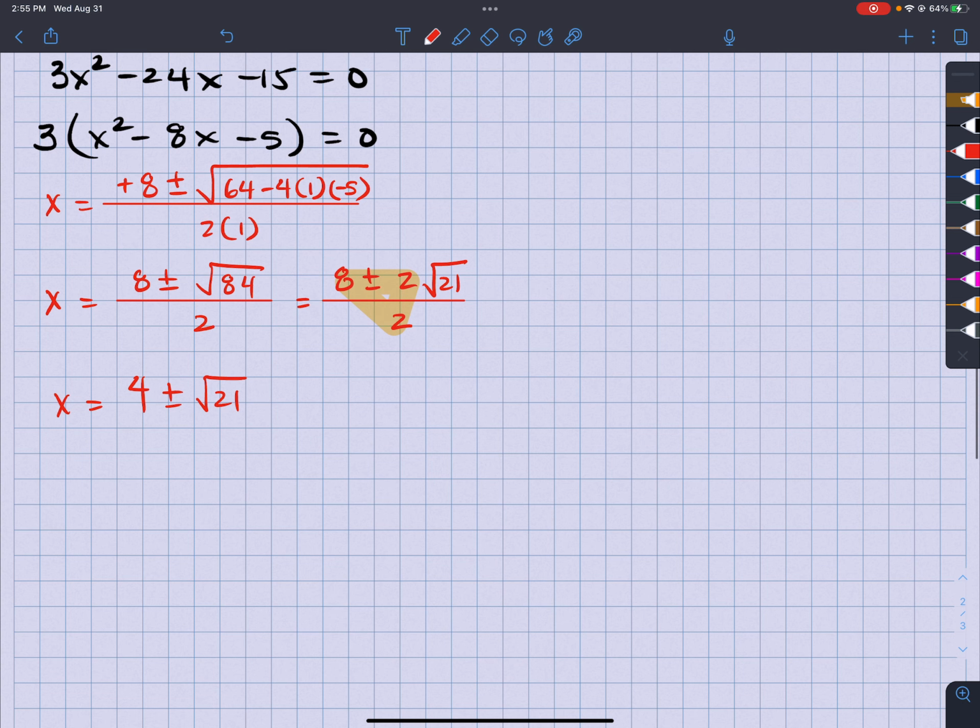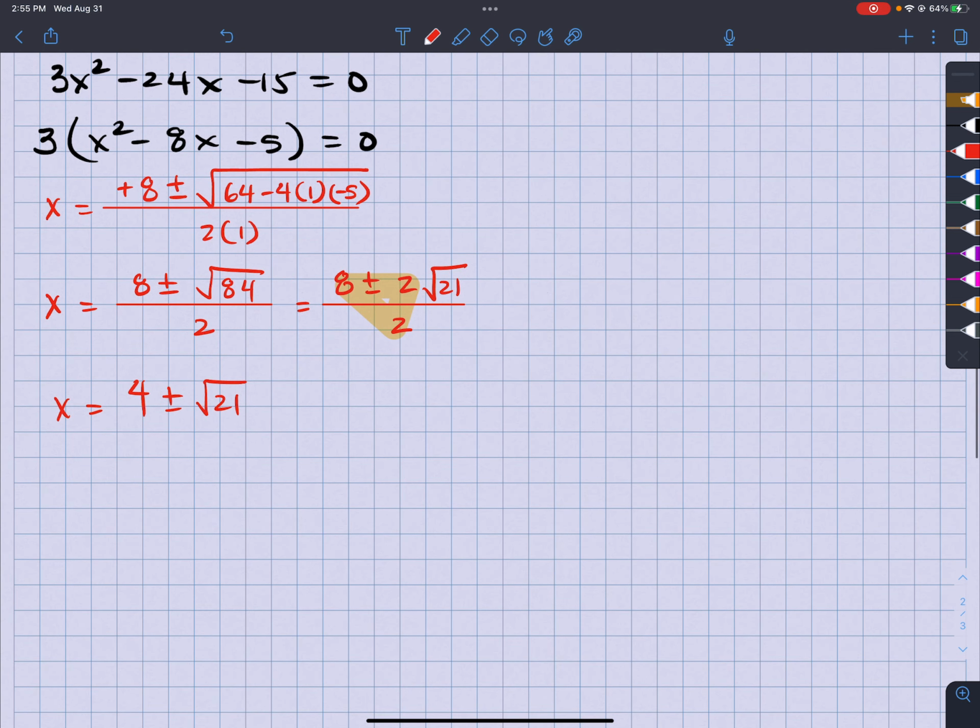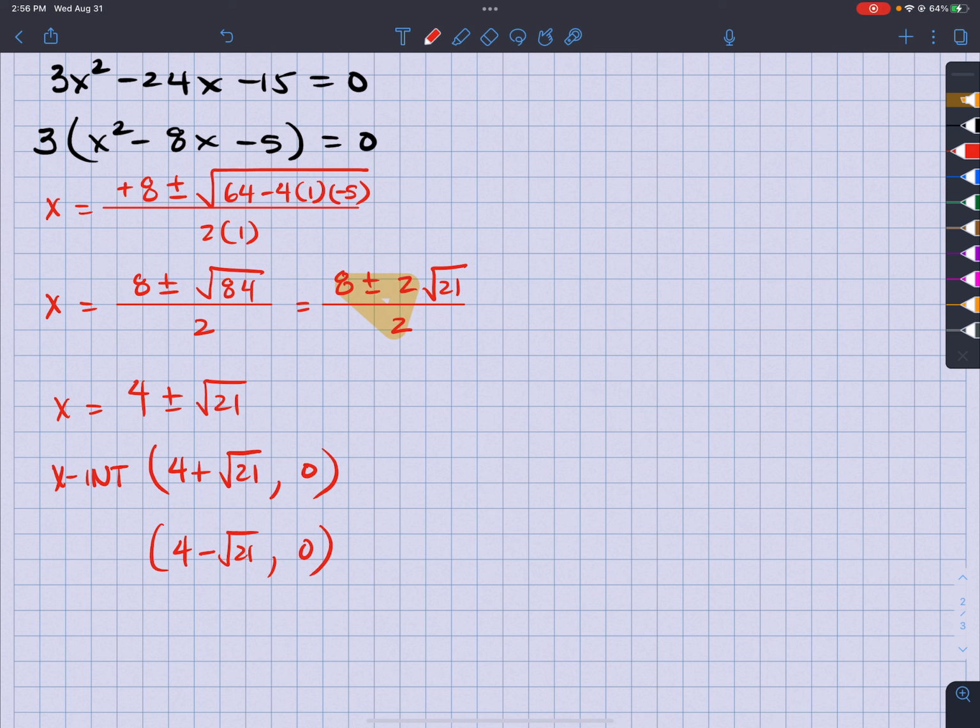So my two intercepts here, which is my x-intercept, happen at 4 plus square root of 21, comma, 0, and 4 minus square root of 21, comma, 0. So there's my x-intercept.